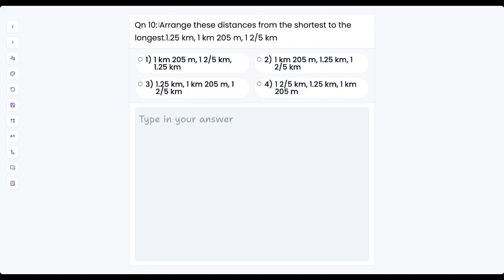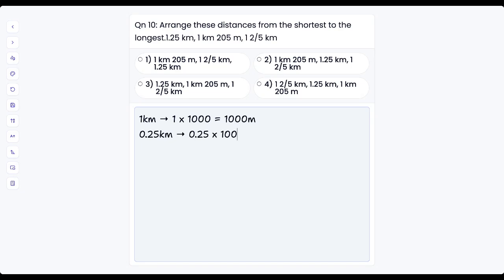Question number 10. Arrange these distances from the shortest to the longest: 1.52 kilometers, 1 kilometer 250 meters, and 1 2/5 kilometers. So 1 kilometer is equal to 1 times 1000, which is equal to 1000 meters. So 0.25 kilometers is equal to 0.25 times 1000, equal to 250 meters.